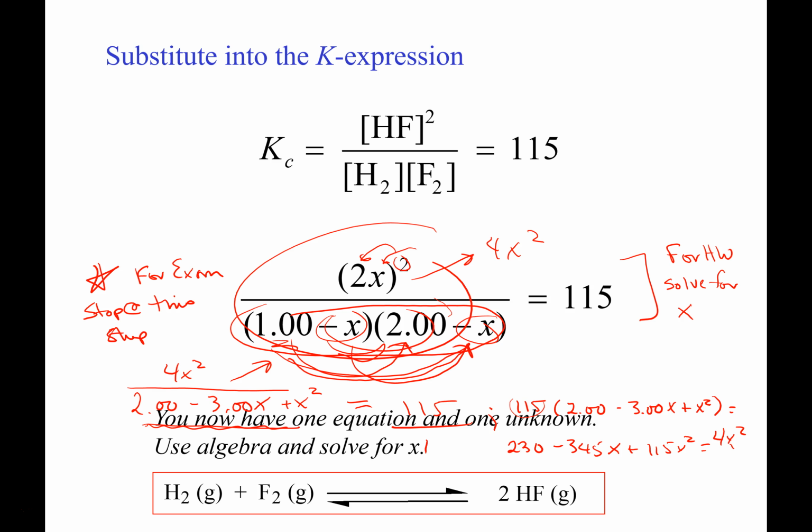So I get the standard form, starting with the x squared first. It doesn't decrease in power. Thank you very much. Okay, so if I add negative 4x squared to both sides, I get 111x squared minus 345x plus 230 is equal to 0.